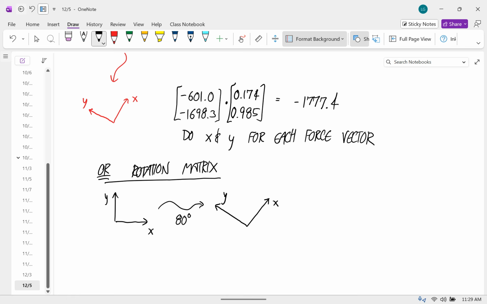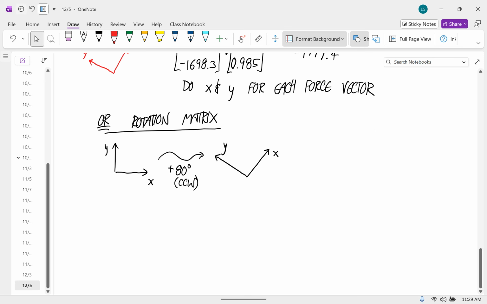It's counterclockwise, so this is positive. So now we just plug these values into the definition of the rotation matrix. So cosine of 80, sine of 80. No, the negative is down here.